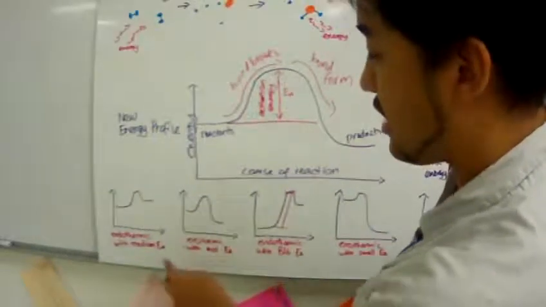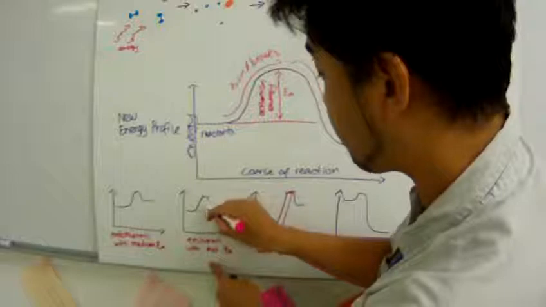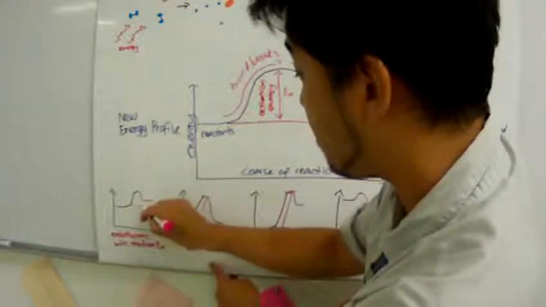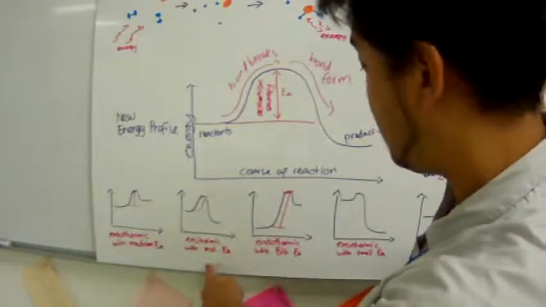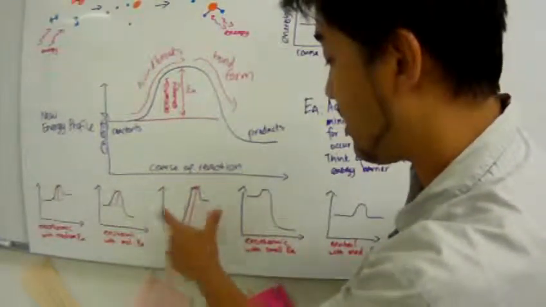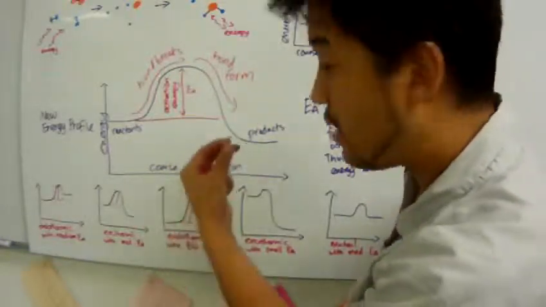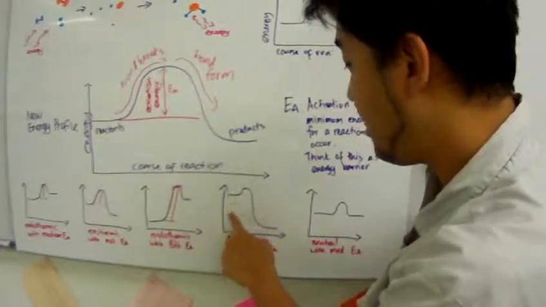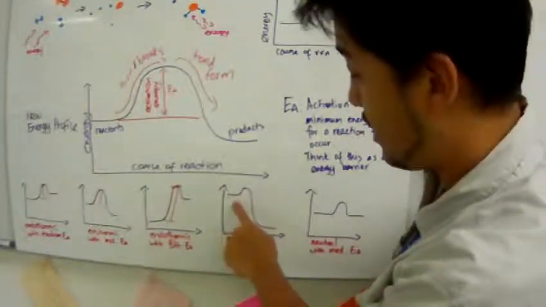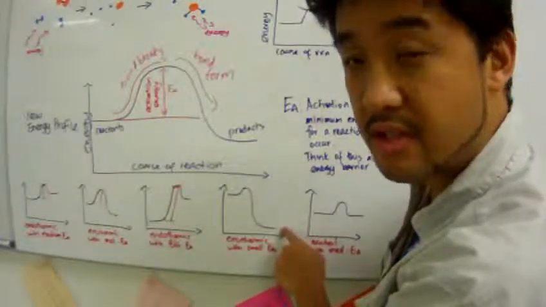So let me draw this activation energy for the rest. So you have an activation energy here, and you have your activation energy here. Okay, all these are activation energies. So this one here is an endothermic reaction with a very high or huge activation energy. Here we have an exothermic reaction because the reactant energy level is up here and the product energy level is down here.